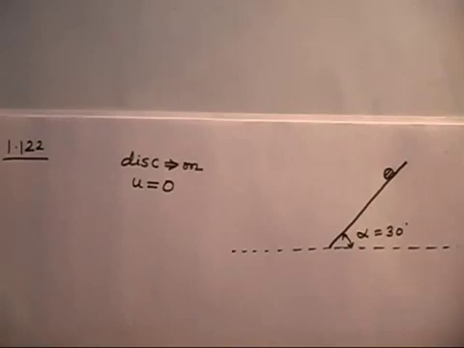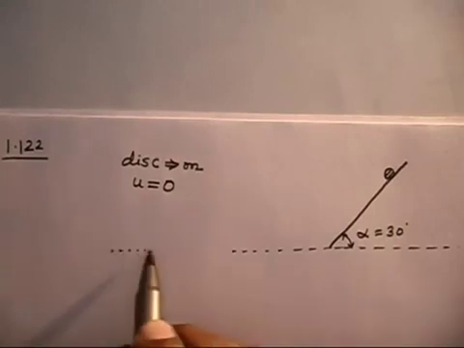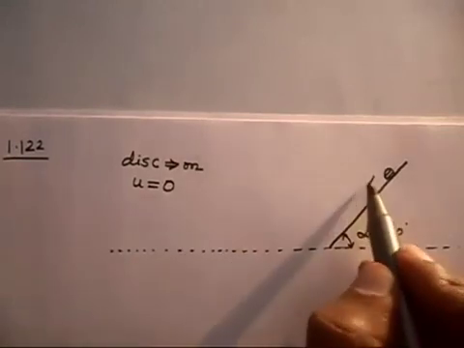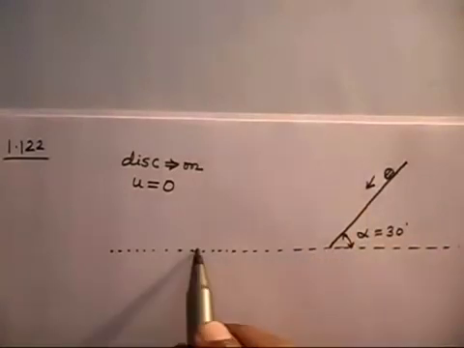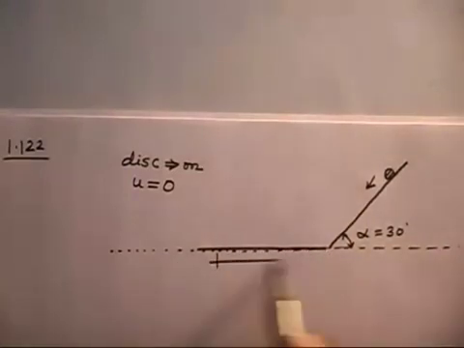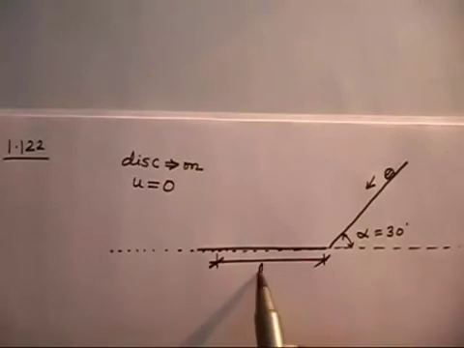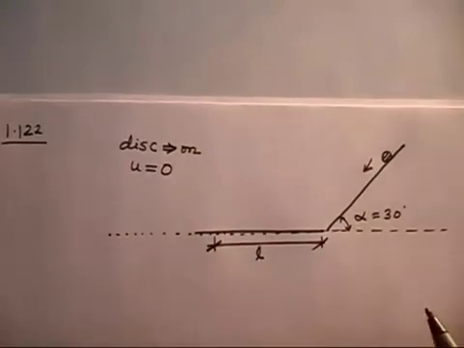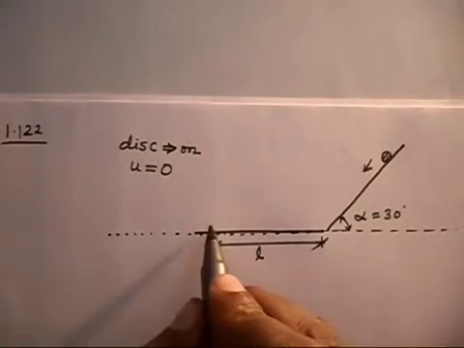It says a disk of mass m slides with 0 initial velocity down an inclined plane set at an angle alpha to the horizontal, having traversed a distance L along the horizontal plane. This means the disk goes down, and after some time it travels a distance L on the horizontal plane, and then stops.